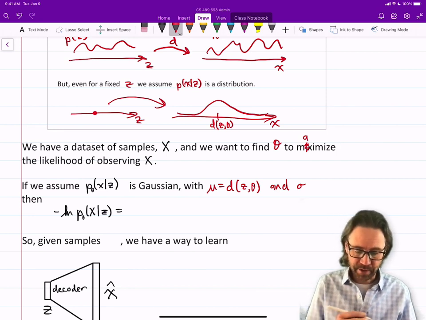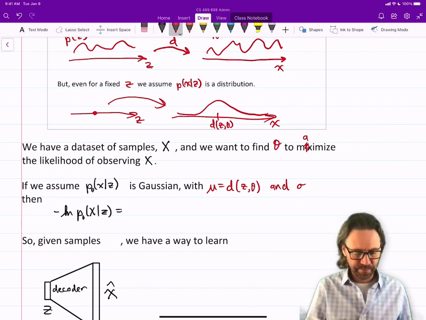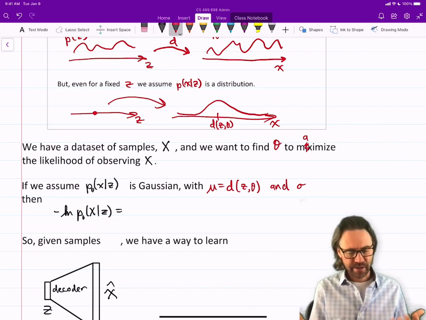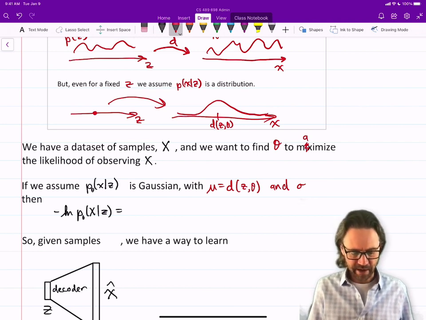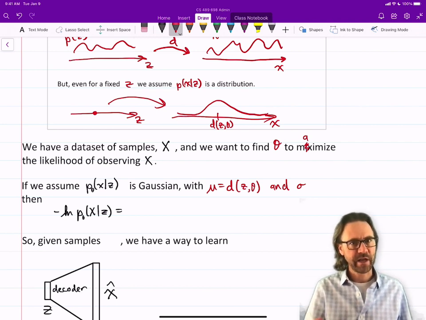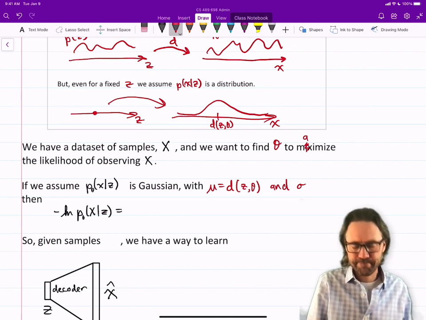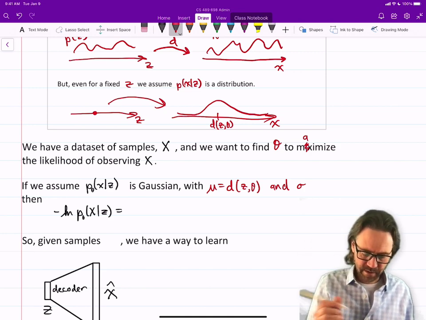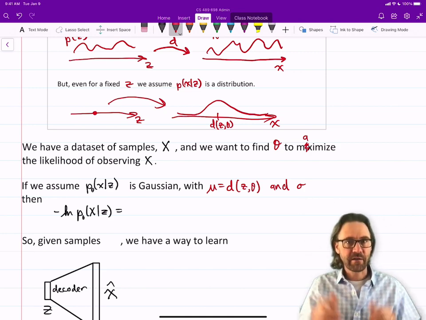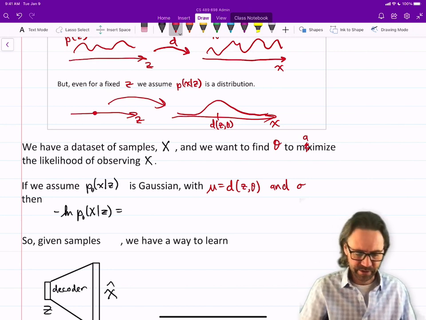So just like I drew it up there, we're assuming that our P of X given Z is Gaussian. If that's the case, then the negative log likelihood of our data set X given Z is going to be, a Gaussian is something times e to the quadratic function between your mean and your sample.